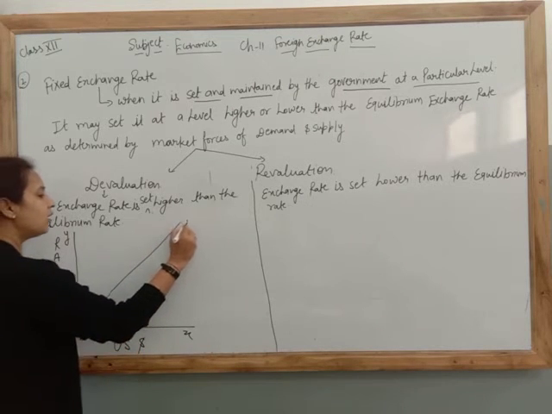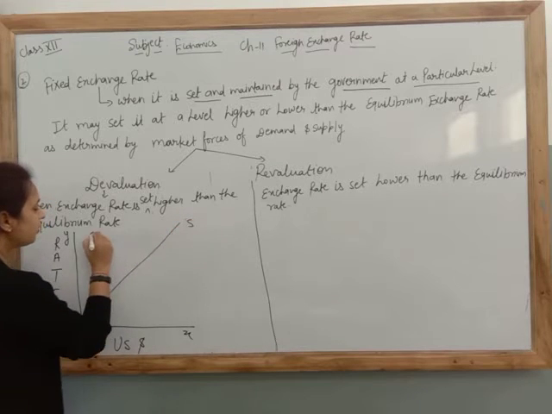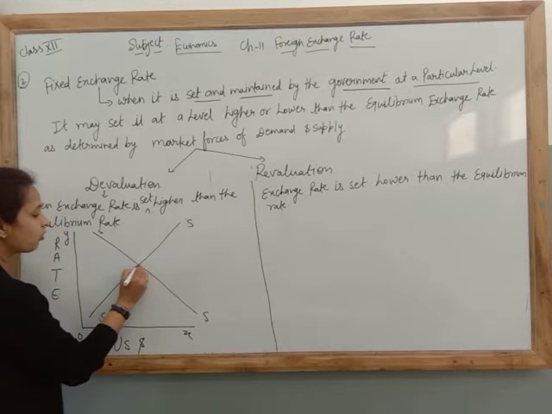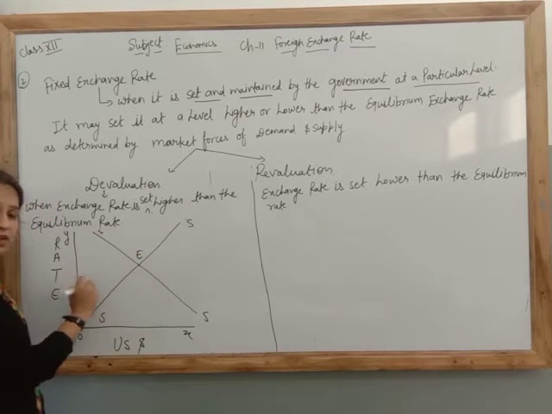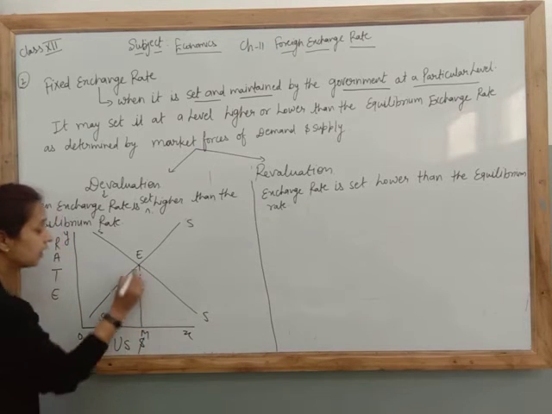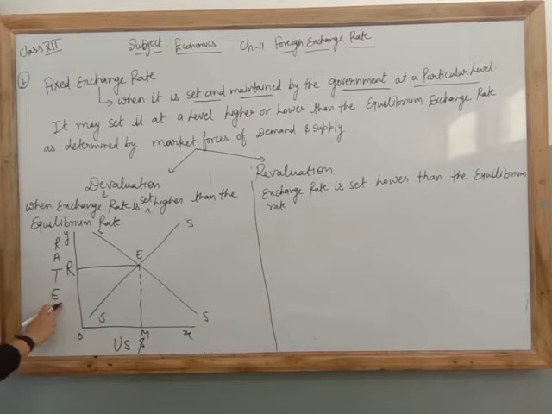DD is the demand curve and SS is the supply curve. The point where they cut each other is known as the equilibrium point, and OR is known as the equilibrium rate.